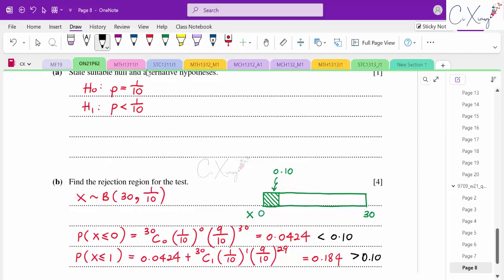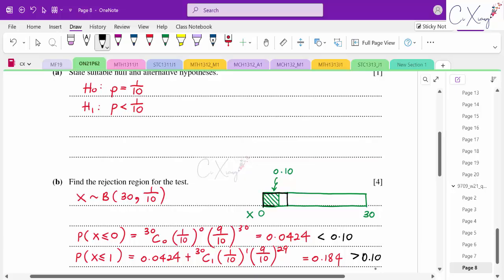If you draw x smaller equals to 1 in the diagram here, take note, 0.184 is greater than 0.10, right? When you label the area, the area should be bigger compared with the smaller area for 0.10. The borderline here will be the 1, because on the left we are calculating the probability for x smaller equals to 1.